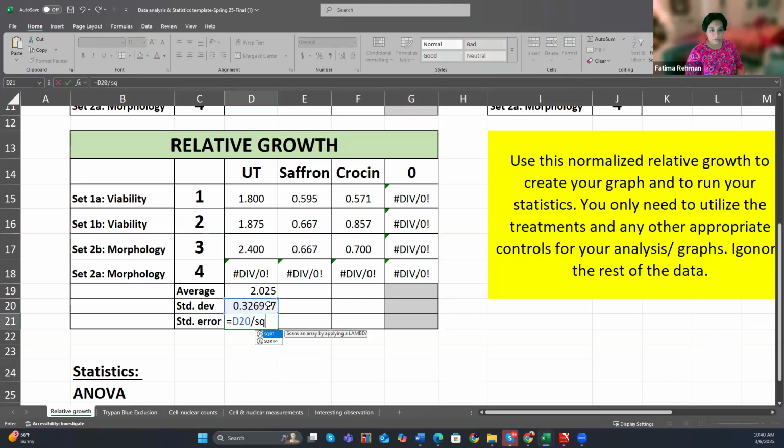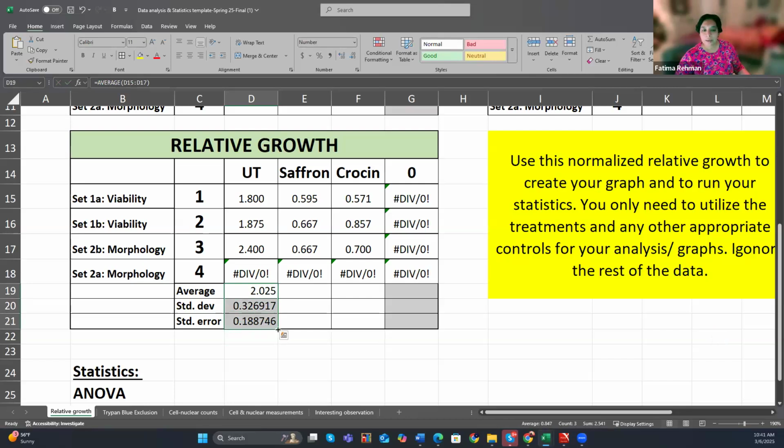If you write SQR, the square root function will pop up. And then you write the number of replicates you have. Right now I have 3, so I will write 3 and press enter. So this is going to be my variability after taking into account the n number, the total number of replicates.